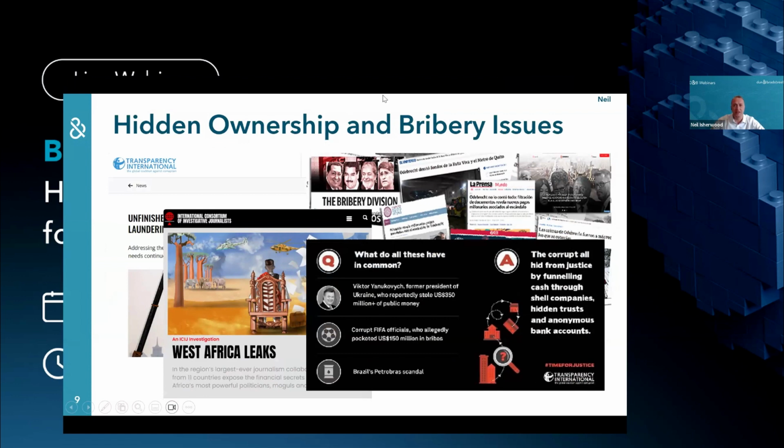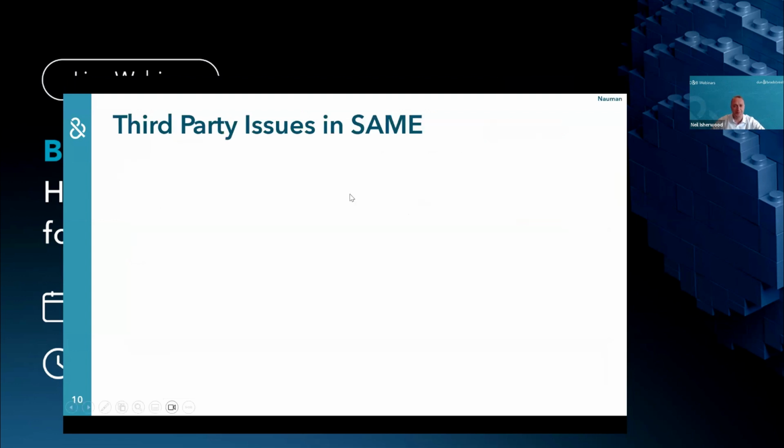And we can see on the screen here, there's multiple examples where bribery and corruption has been enabled by channeling through shell companies with opaque ownership structures.